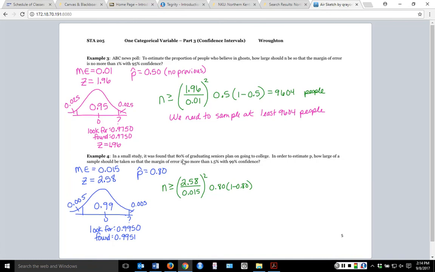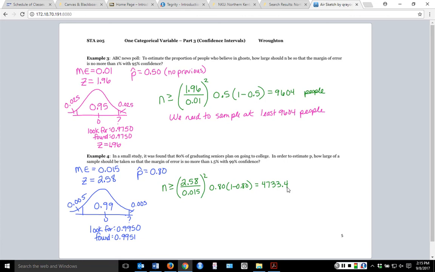And then we just have to do the math for that, which we should get 4,733.4. So unlike the one above here, this one turned out to be a nice whole number. This one didn't. And if that's one thing I do know about sample size, is that it does have to be a whole number, because I'm talking about graduating seniors. I can't sample 0.4 of a graduating senior.